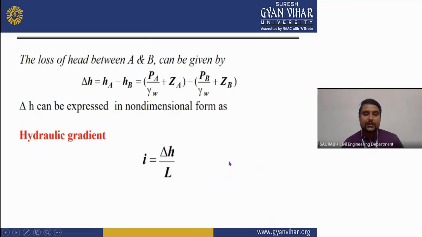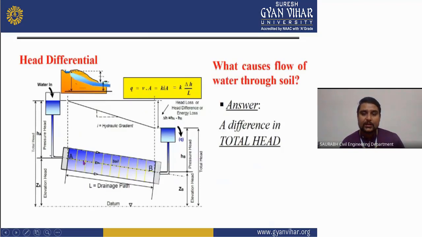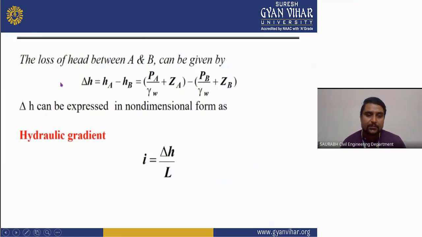Now the loss of head between A and B can be calculated using this formula: delta H equals HA minus HB, which equals PA upon gamma W plus ZA minus PB upon gamma W plus ZB.